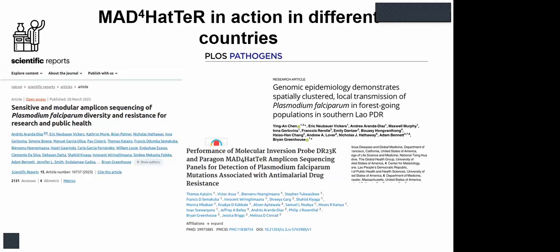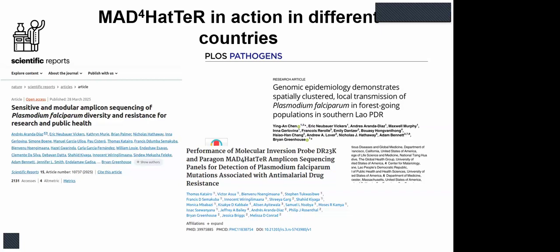And the other one is a performance comparison. A colleague of ours, Thomas Katairo, led us to compare the performance between the panel known for resistance markers using molecular inversion probes, or MIPs, and ours, MADHATTER. So we compared a lot of performance metrics in this paper using Plasmodium falciparum mutations associated with antimalarial drug resistance.